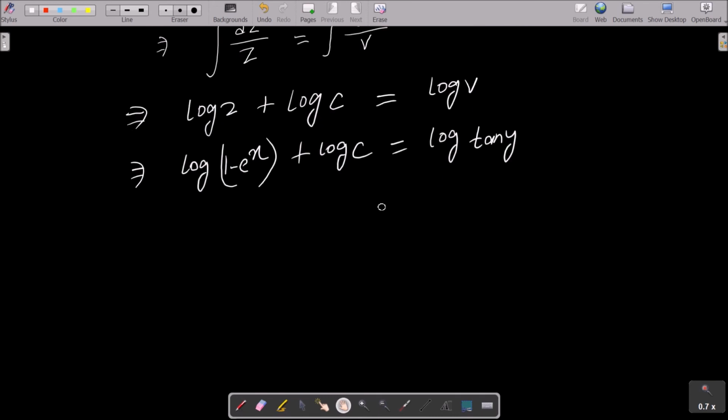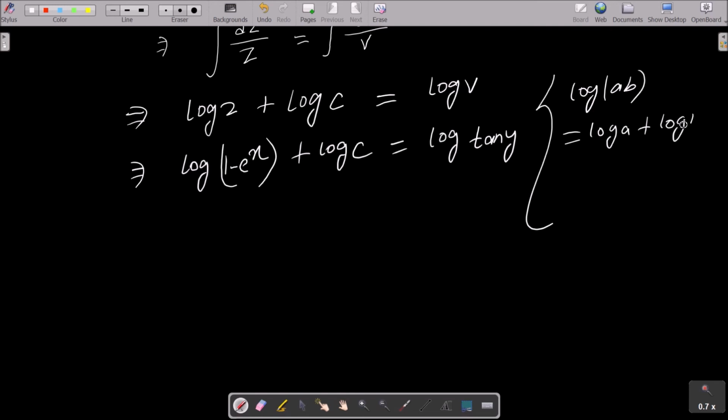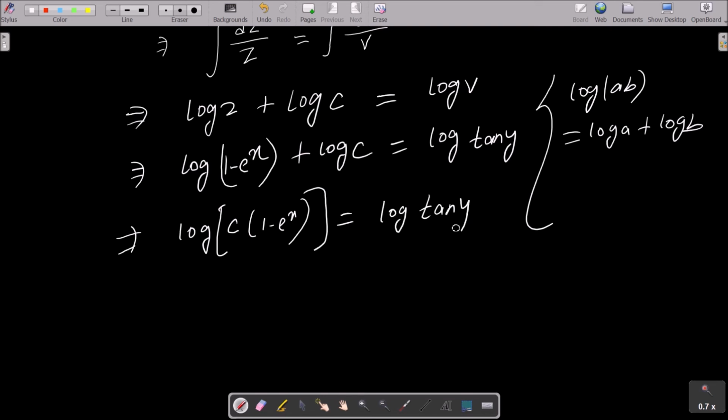After that, you know one important formula: log a plus log b equals log ab. So in this place we can write log c first, then log of (1 − e^x). Then let's use the rectangle bracket, and this is log of tan y.